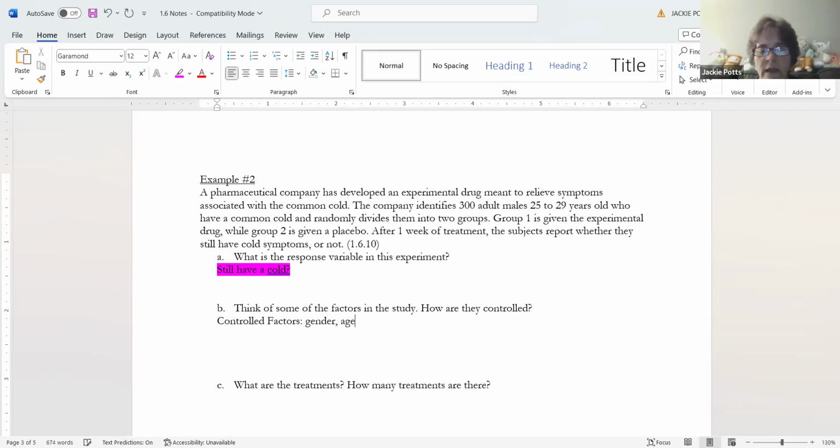Age. Why would they control age? Well, do you think maybe someone who is 25 to 29, who tends to be in their healthier years, will react differently than someone who is 65 or older? Yep. So 25 to 29 is considered the healthier years, so we're going to test against them since we're not going to give them a drug. We're going to give them a placebo.